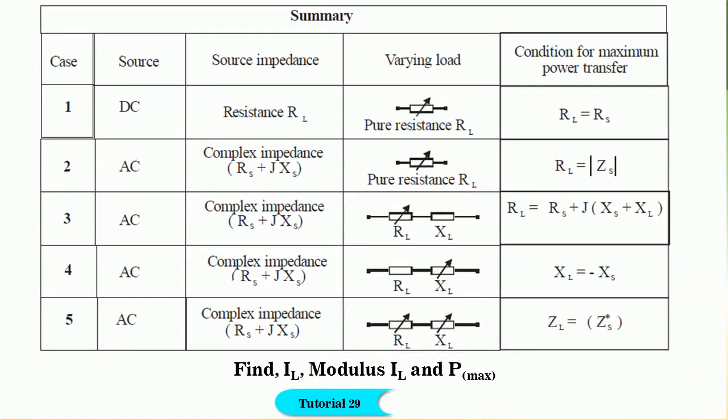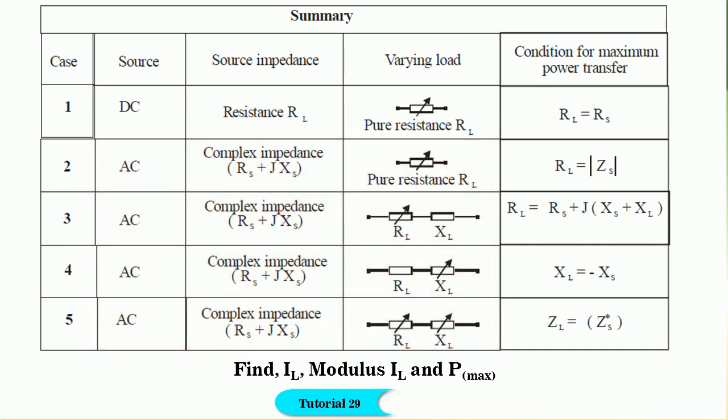Friends, for your convenience, here you find the summary of all the 5 cases, including the previous tutorials on maximum power transfer theorem. Given a numerical example, first you have to observe certain aspects. Number 1, whether the circuit is DC or AC. Number 2, if the circuit is AC, look for what component of load is varying.